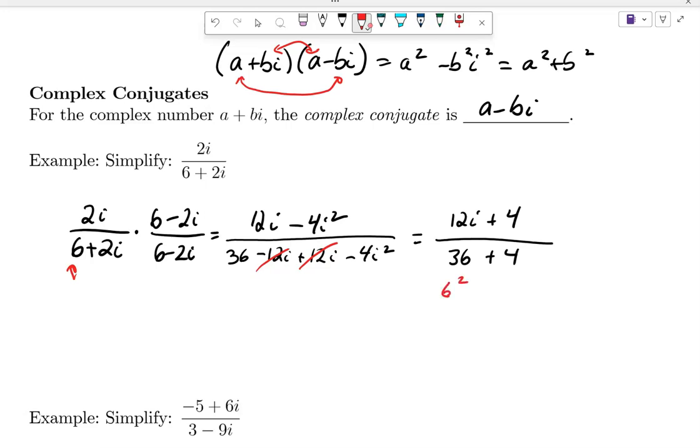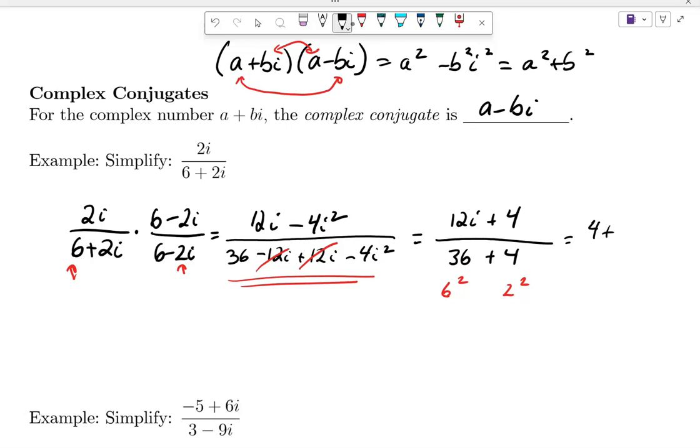And the 4 here is that thing squared, isn't it? So you wouldn't have to write this out every single time. It's going to work that way every time when you multiply by the conjugate. It's the first number squared plus the second number squared, without the i in it.